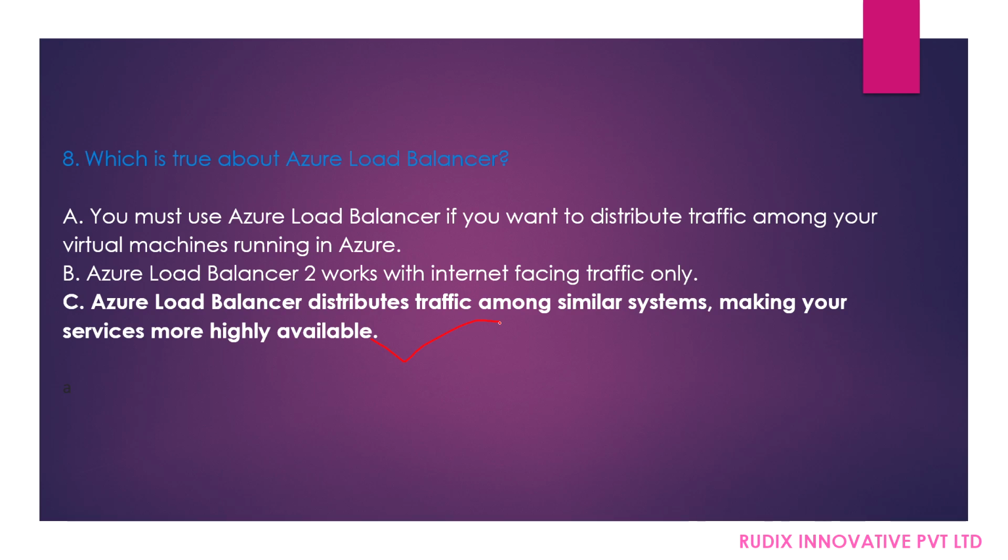It is used to achieve high availability and reliability. Incoming traffic is evenly distributed among healthy VM instances. Coming to option B, the load balancer works with both internet-facing and internal traffic. It can be used to load balance traffic from both the internet and private networks within Azure.